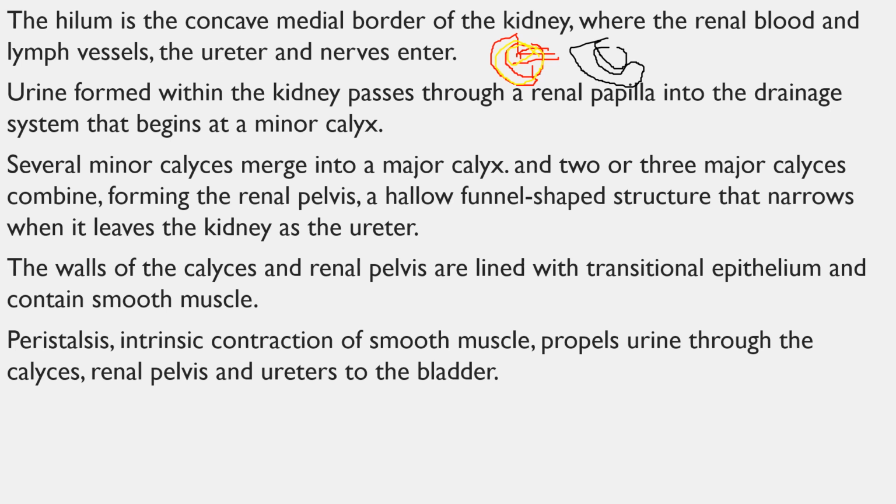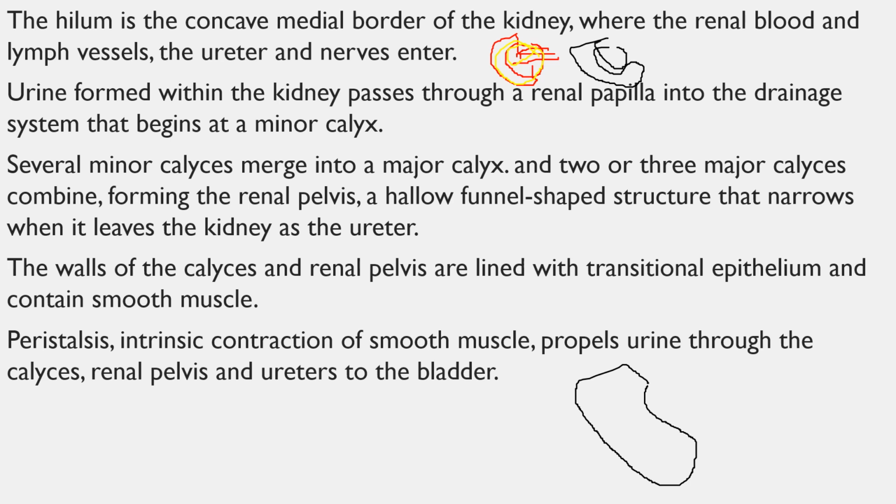Then we talk of urine formed within the kidney, which passes through a renal papilla into the drainage system that begins. If you look at the image of the longitudinal structure of the kidney, you will see that there are renal papillae, minor calyces, and major calyces.